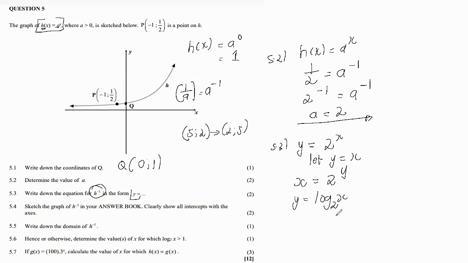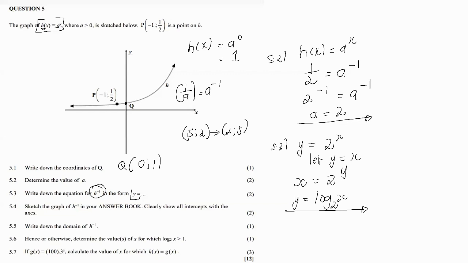So that's y is equal to log base 2 of x. Pretty simple to memorize. You just make this one the subject of the formula, say log, then the base, and then put your x value there. This is the equation that we are looking for, right?